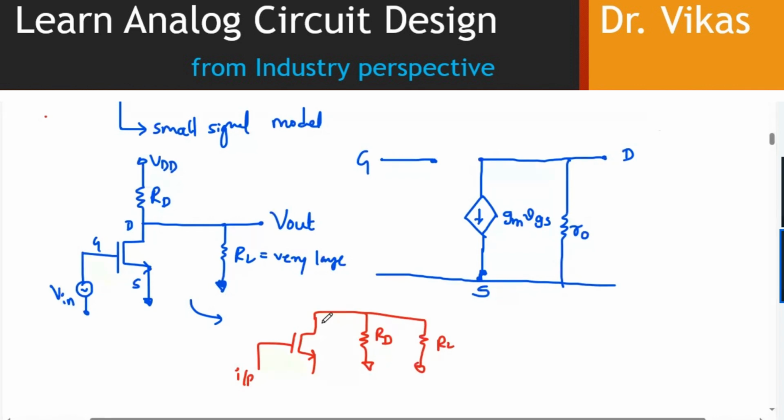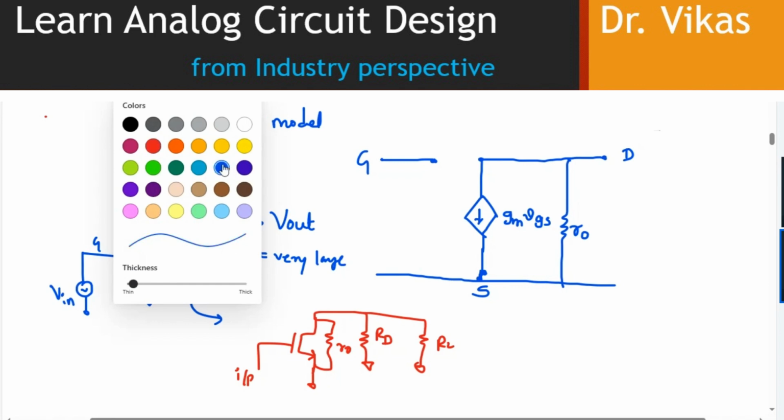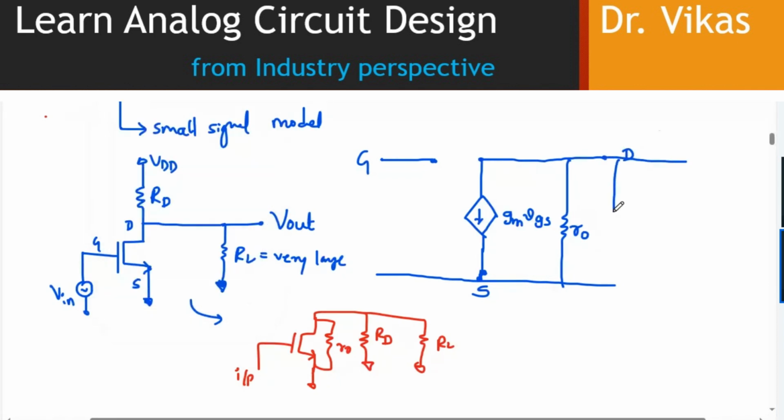And here will be my r0, and the source is also grounded. So if you observe r0, RD, and RL, they are all connected in parallel. So that means I have to represent three resistances.